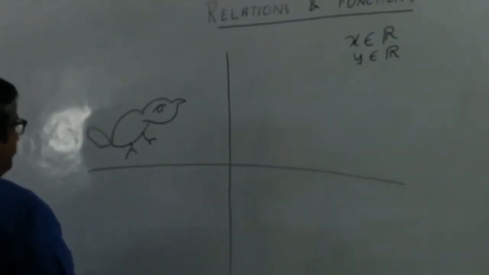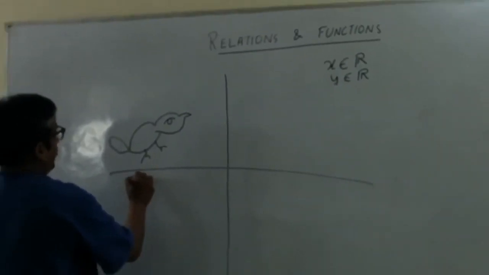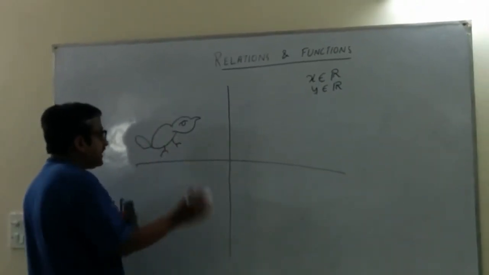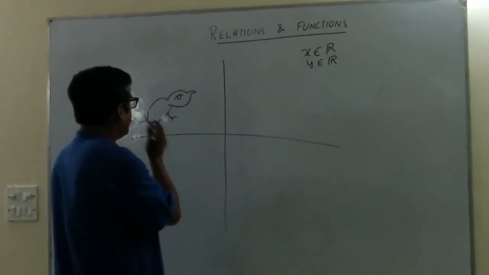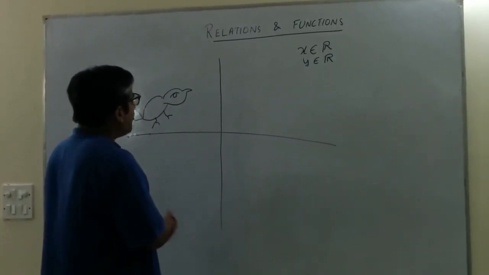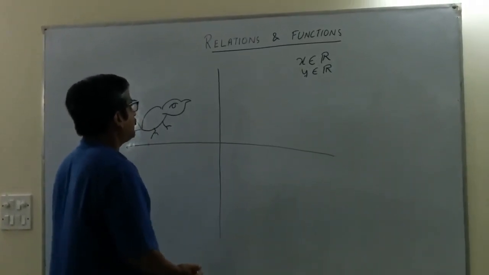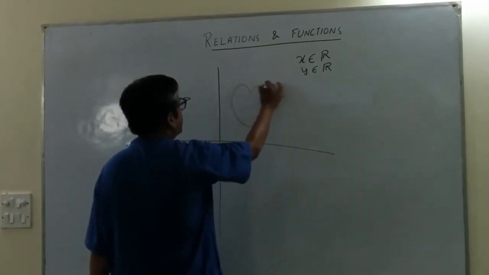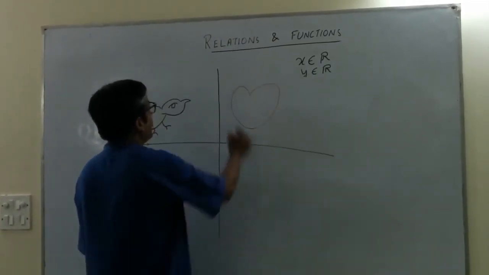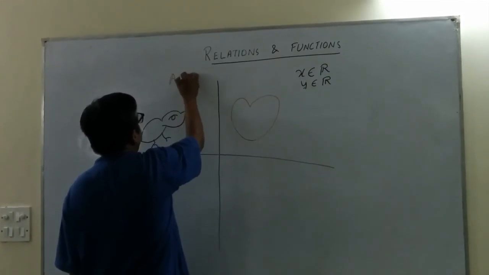Think about it. Take any point, extend it, and see if you get more than one value. Similarly, form any pattern that you wish, your favorite pattern, the love sign. Are they functions?